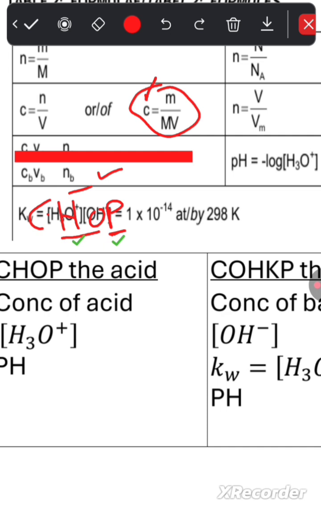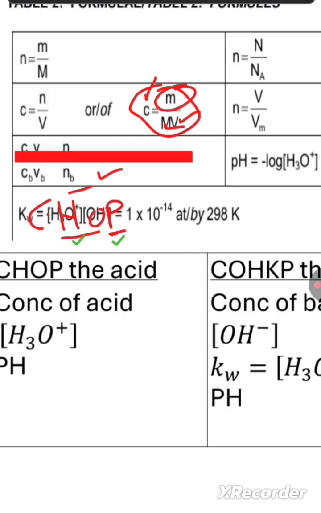I'm going to calculate the concentration, then volume and molar mass I already have, so that I can calculate the mass then. Right. Alternatively, I can decide to use this formula to get the number of moles, then after getting the number of moles, use this formula to calculate the mass.